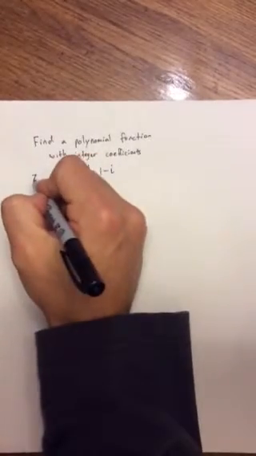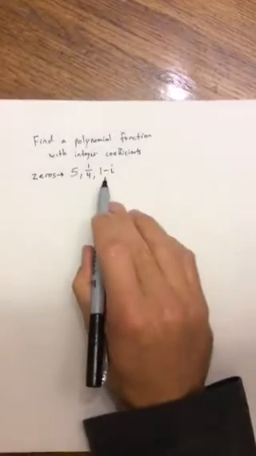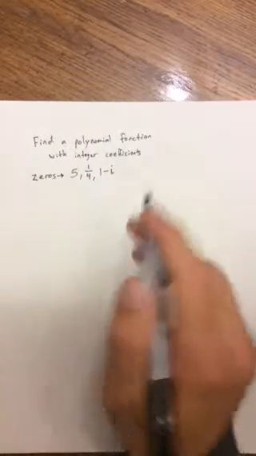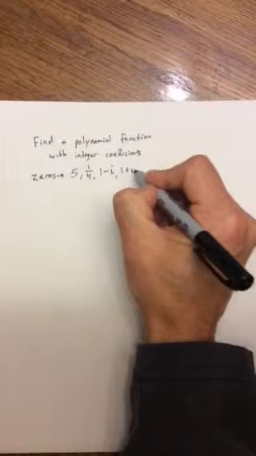And I apologize, I should have said that these were some zeros. So initially you might be thinking that you need to come up with a third degree. But you need to remember that these have to occur in conjugate pairs. So if you're given 1 minus i, you need to put in 1 plus i. Okay? So you're actually going to go after a 4th degree polynomial function.